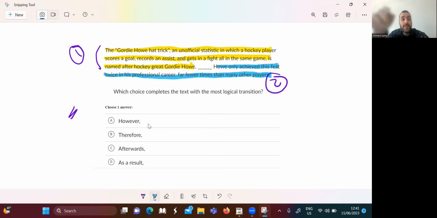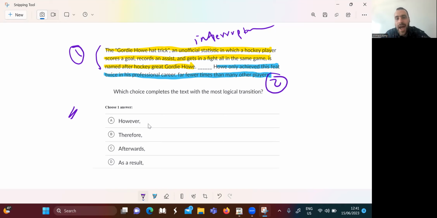I will start with the first part, the Gordie Howe hat trick. It doesn't seem clear to me, but there is a comma, interrupter, comma. So that's an explanation of what's before. The interrupter can help me understand what's before it. So what's the Gordie Howe hat trick?